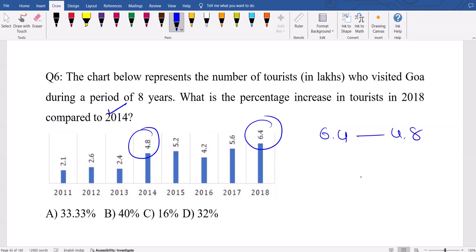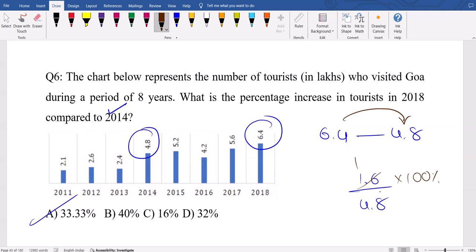So difference divided by what you are comparing. 1 by 3 means 33.33. You are comparing with 4.8. That should come in the denominator. 33.33 percentage. See this, comparison with what you are comparing, that's important here.